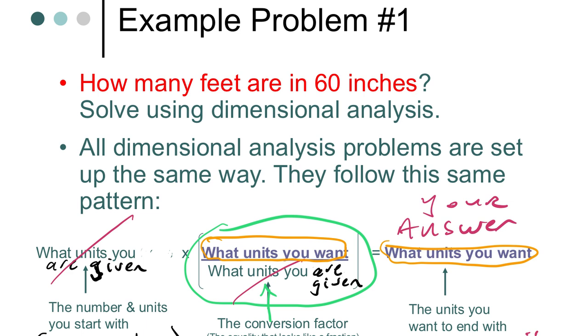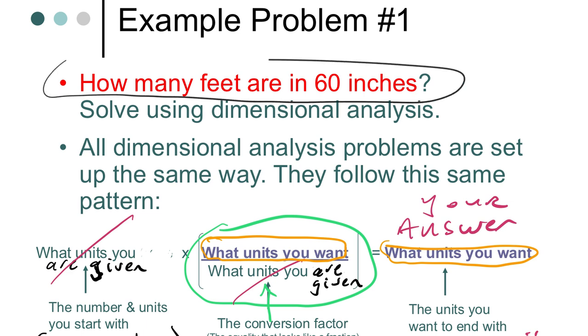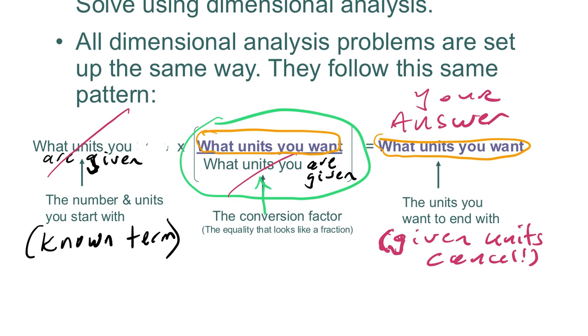Here's a question: how many feet are in 60 inches? Or I could say 60 inches equals how many feet? So the first step in dimensional analysis is to write down your known term. In this problem it's pretty easy because that'd be 60 inches. There's only one of them.